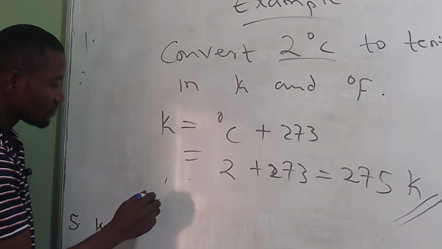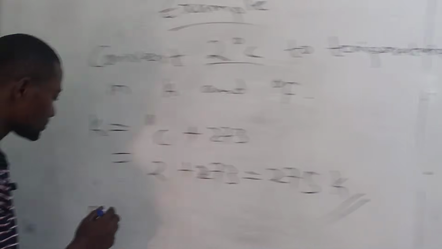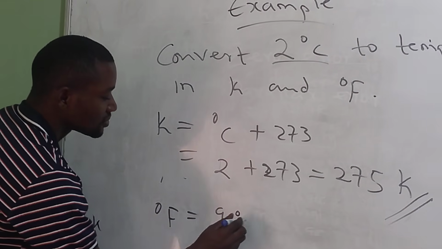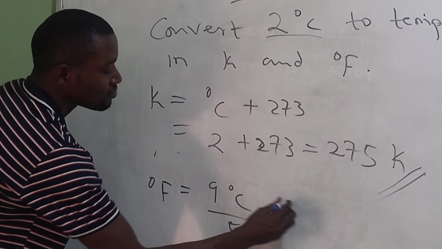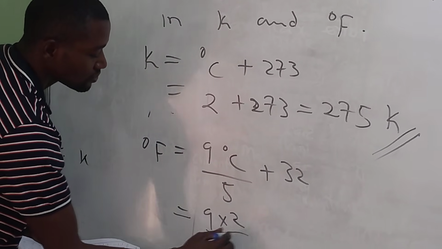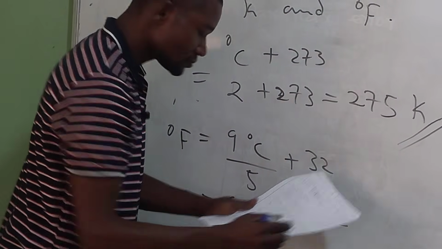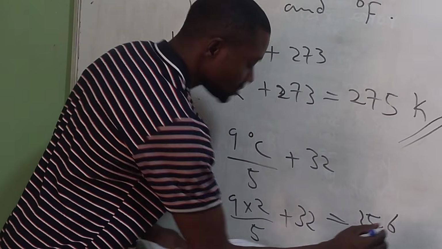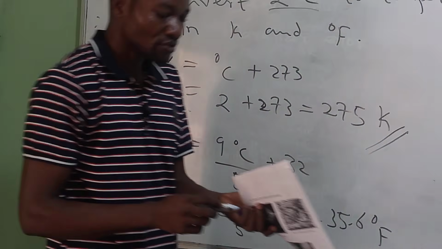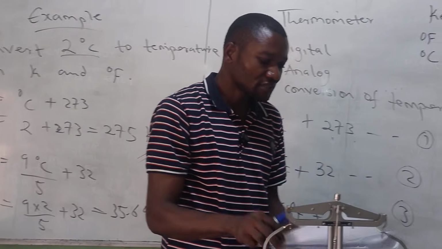No. Then for the case of the Fahrenheit, remember the formula, bring it in, 9 times degrees Celsius over 5 plus 32. So you substitute 9 times 2 over 5 plus 32. And that will give us 35.6 degree Fahrenheit. So this is how we carry out unit conversion of temperature.